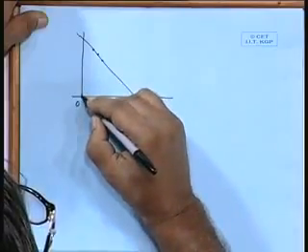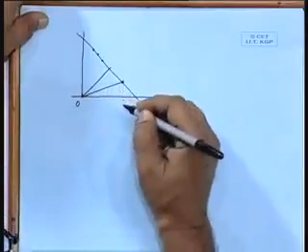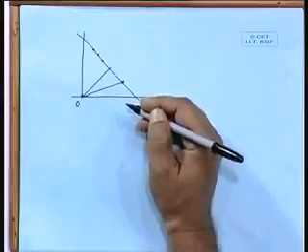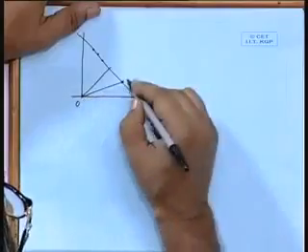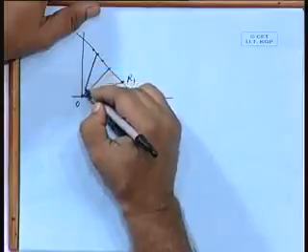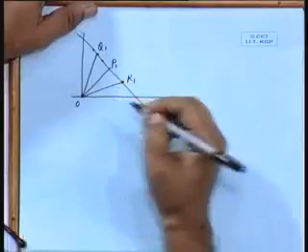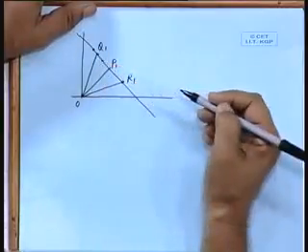So, can you tell me what will be the inverse of this? What will be the inverse of this? Suppose we have O, R1, Q1, P1. I have taken 3 arbitrary points.